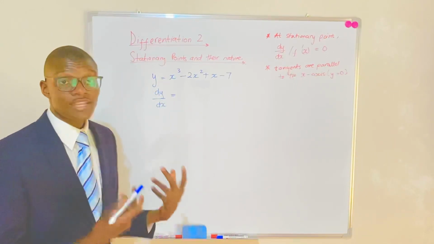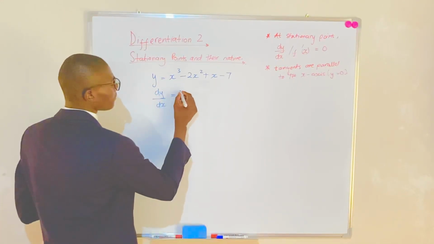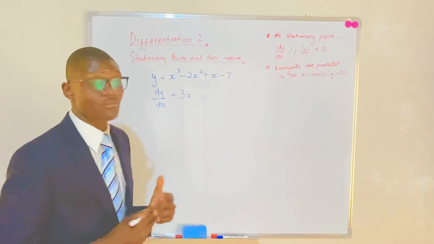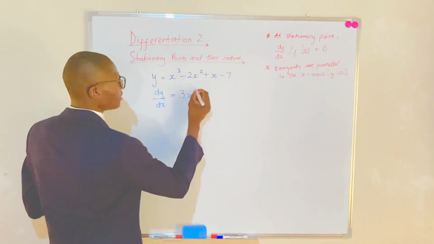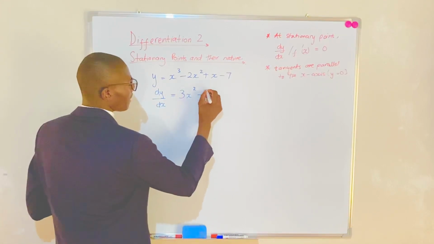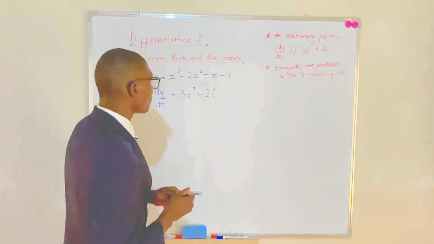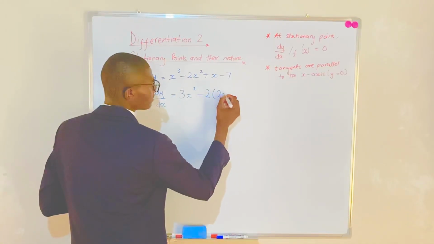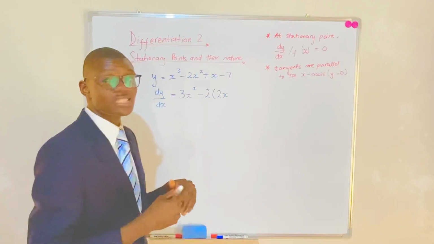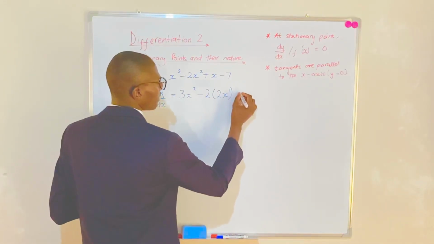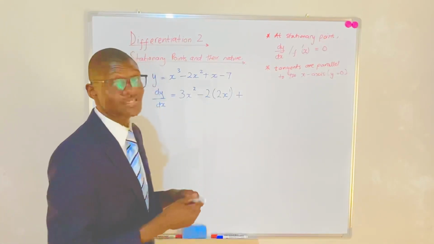The derivative of x to the power of 3: we are dropping the power 3, multiplying by x, then subtracting 1 from the power of the 3 that is already there to get 2, minus 2 times the derivative of x squared. We are dropping the power 2, multiplying by x, then subtracting 1 from the power of the 2 that is already there to get a 1, plus the derivative of x.